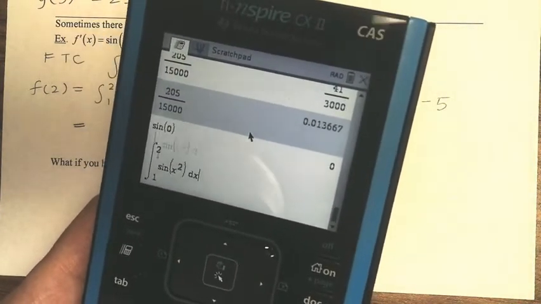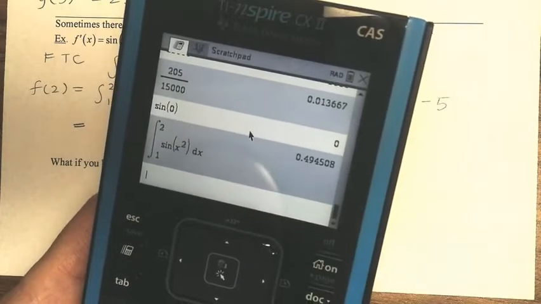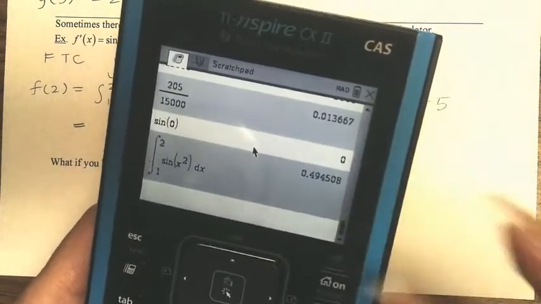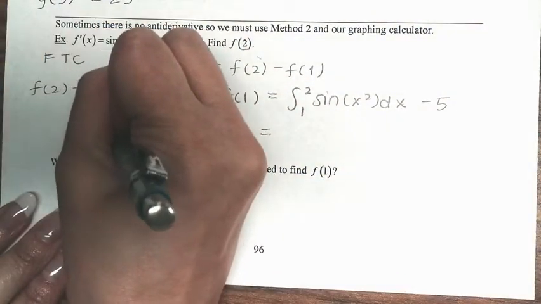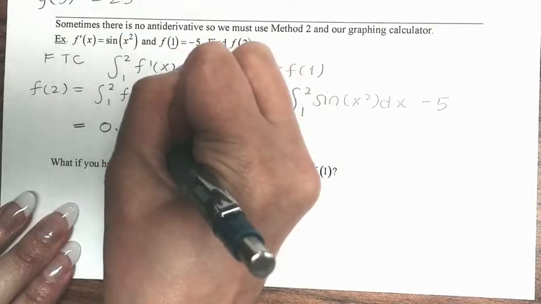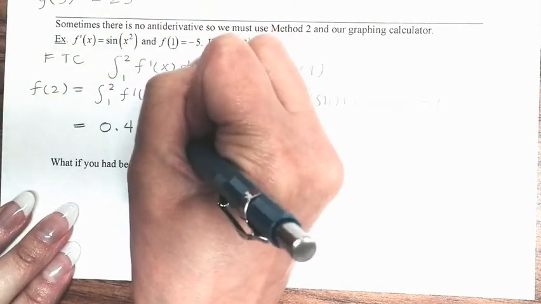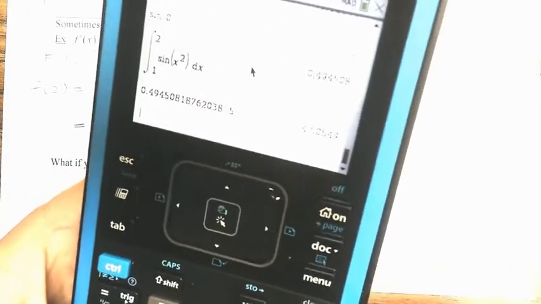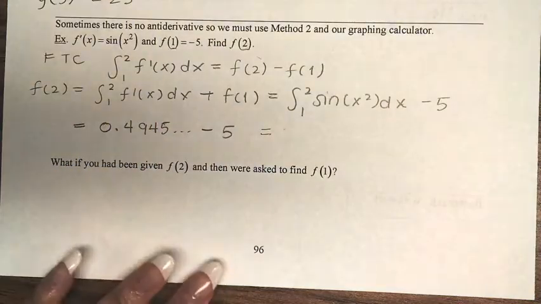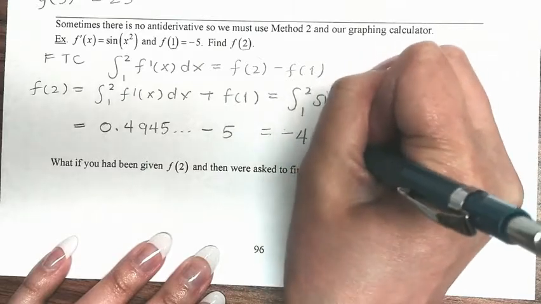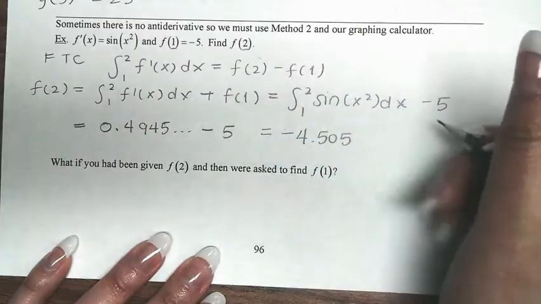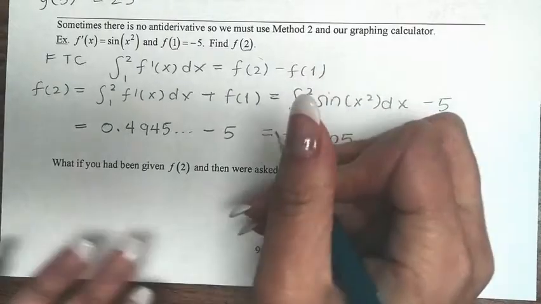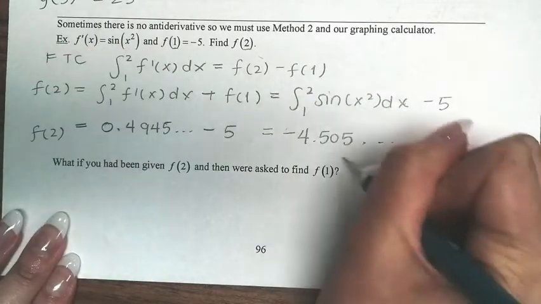So you find your integral, and it will give you that it's 0.4945. So when I do this computation, you have this -5, and you have that it's negative 4.505, so you know that f of 2 is going to be this value that we have over here.